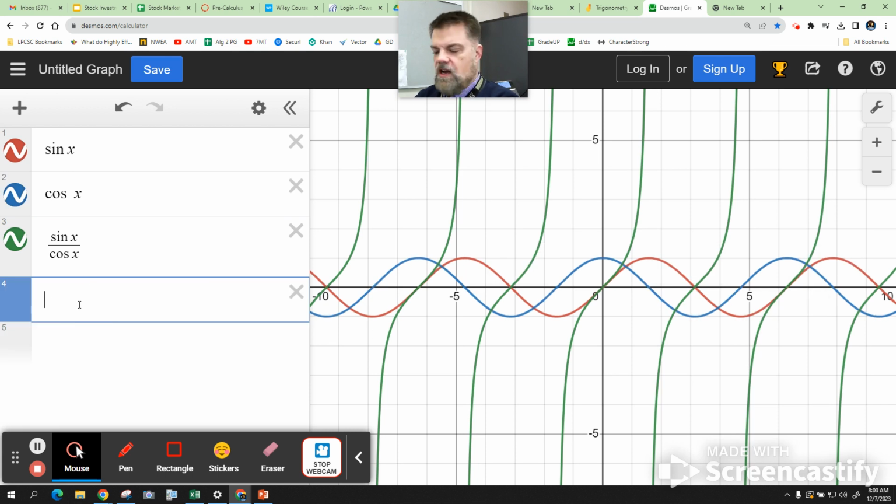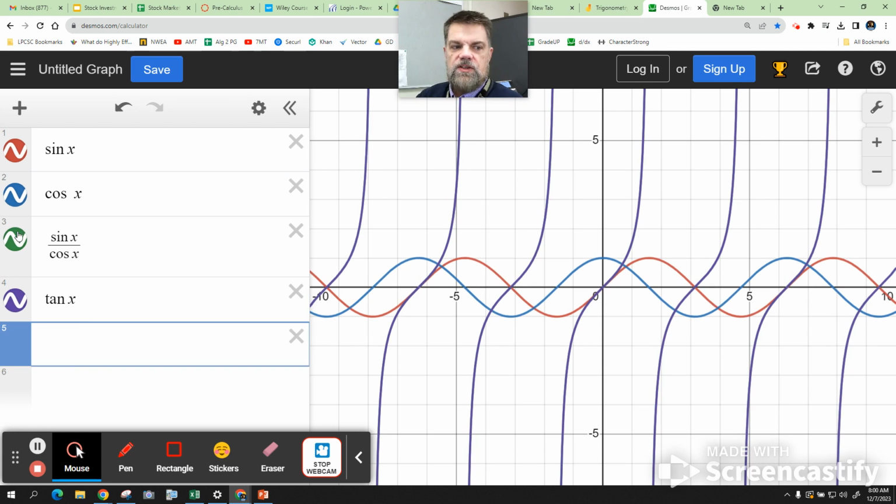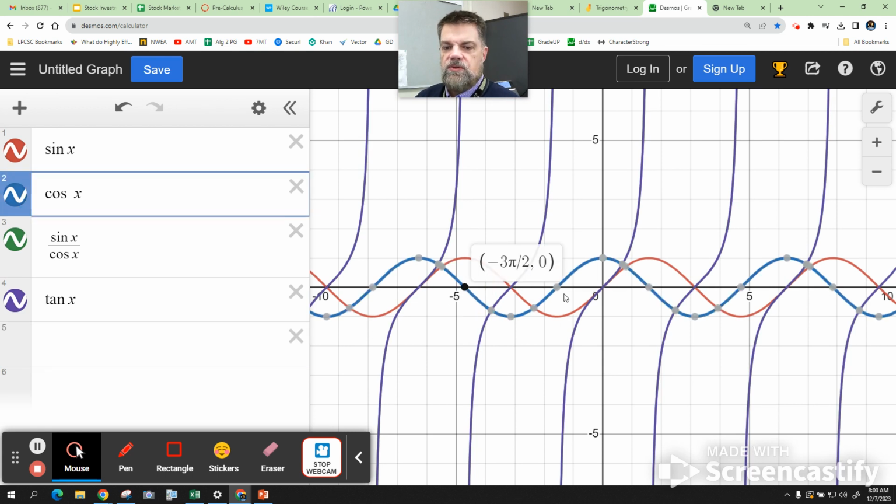In other words, and I'll graph tangent so you can be assured that that's what it is, right? So wherever cosine, my blue graph, is equal to 0, you're going to have a vertical asymptote. And then it's just the numbers divided by the other numbers, and they both have a range from 0 to 1, but it goes from positive infinity to negative infinity.